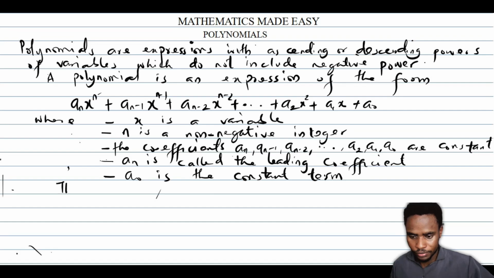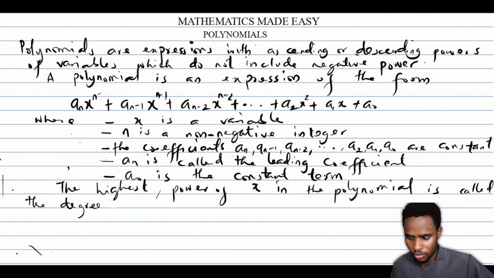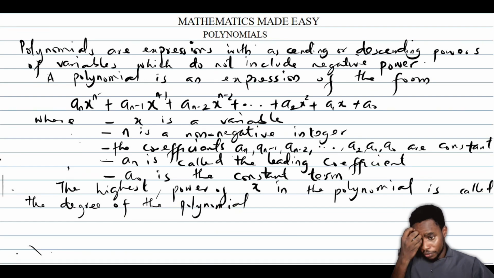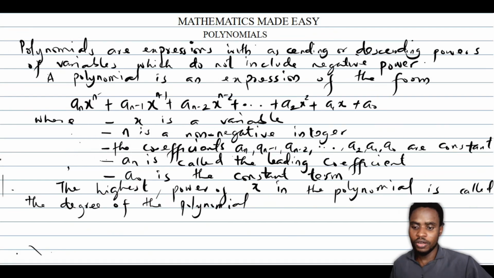The highest power of s in the polynomial is called the degree of the polynomial. So from this expression, we observe that n here will be the degree of the polynomial.